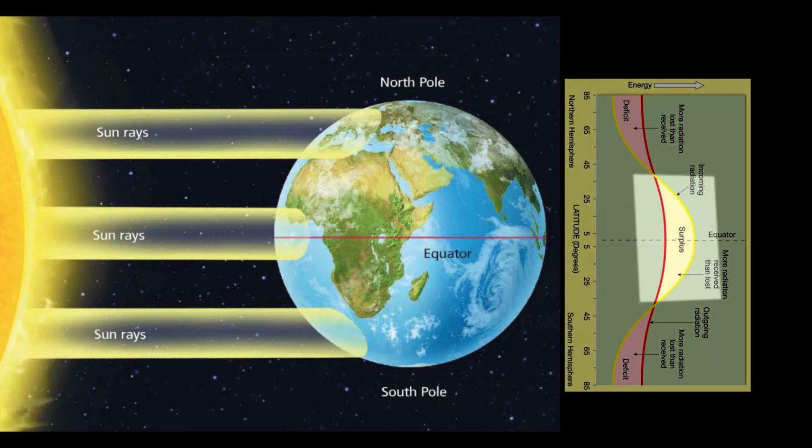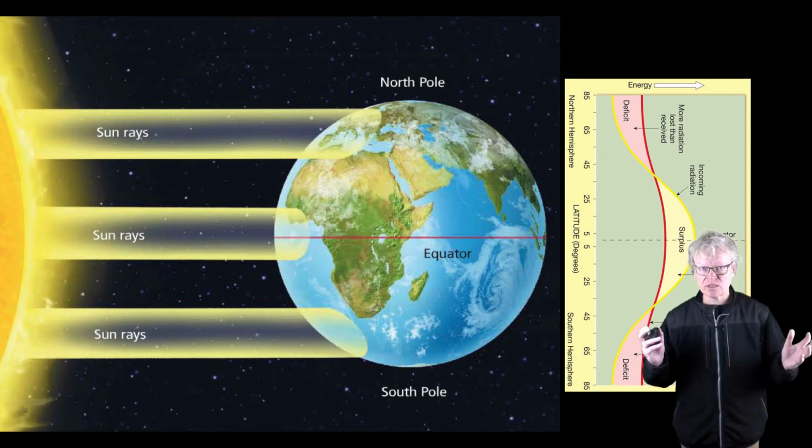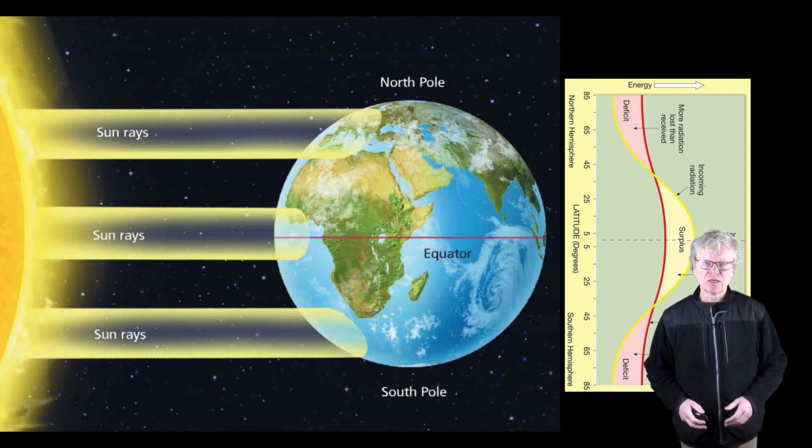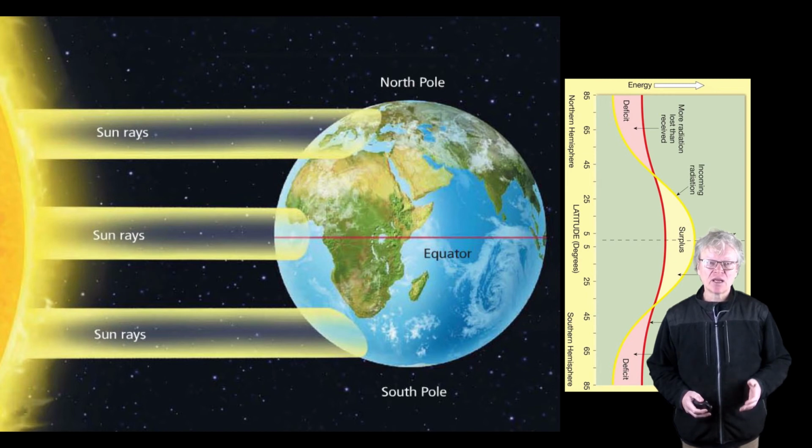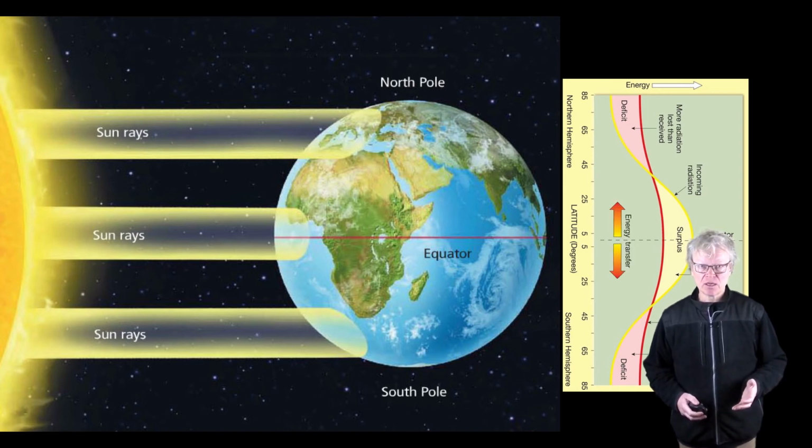So why doesn't the equator just get hotter and hotter and hotter, and the poles just get colder and colder and colder, and they both get eventually sort of thousands of degrees different? Well, the reason is that we have exchange of temperature via the atmosphere and the oceans.